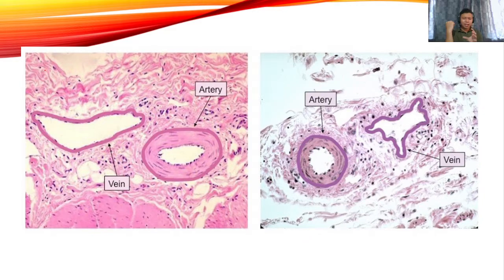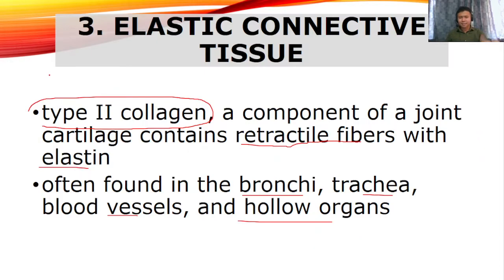For the blood to continuously flow, veins and blood vessels need to stretch, so that blood flow can still take place and continuously flow all throughout the body, exchange materials, provide nourishment, so that our cells all throughout the body will still be healthy. Also, in the hollow organs, there are elastic connective tissues, just like in our lungs.